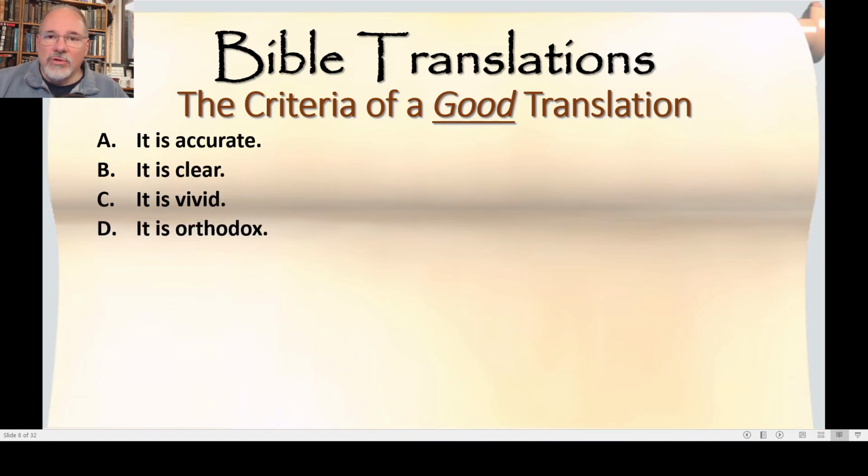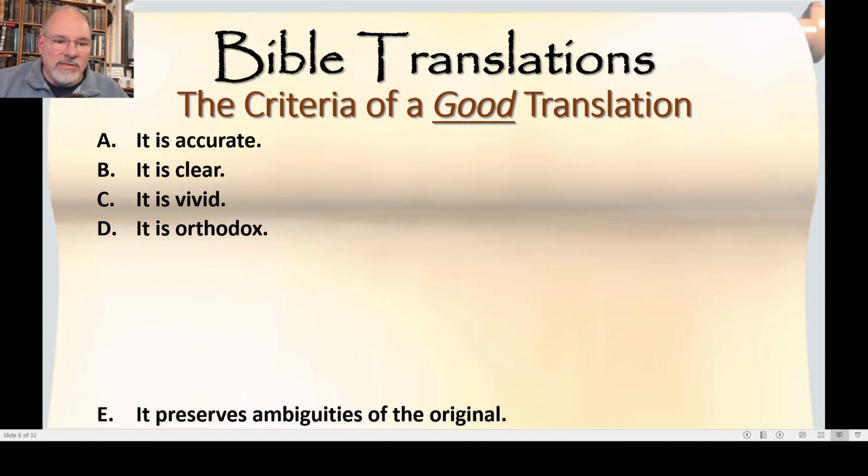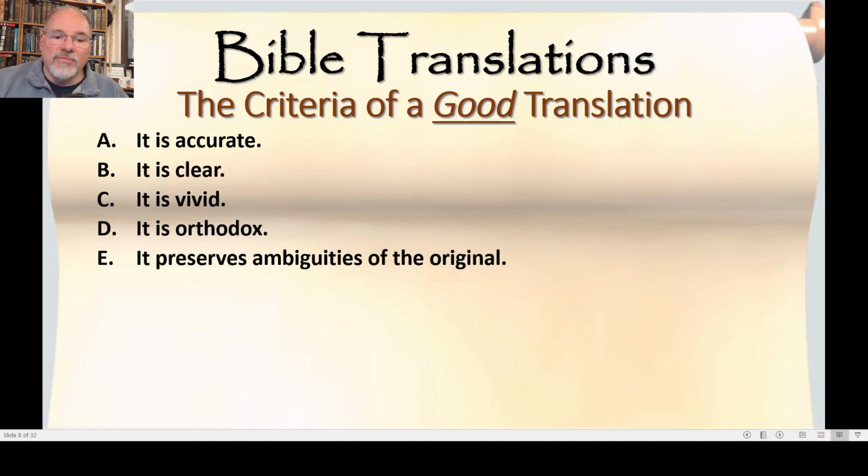It's orthodox. In other words, orthodox means right. Unorthodox means wrong. In other words, it doesn't have anything in there that would give an implication of false teaching, something unbiblical. It preserves ambiguities of the original. If the original has ambiguities, the translation should have ambiguities, right?